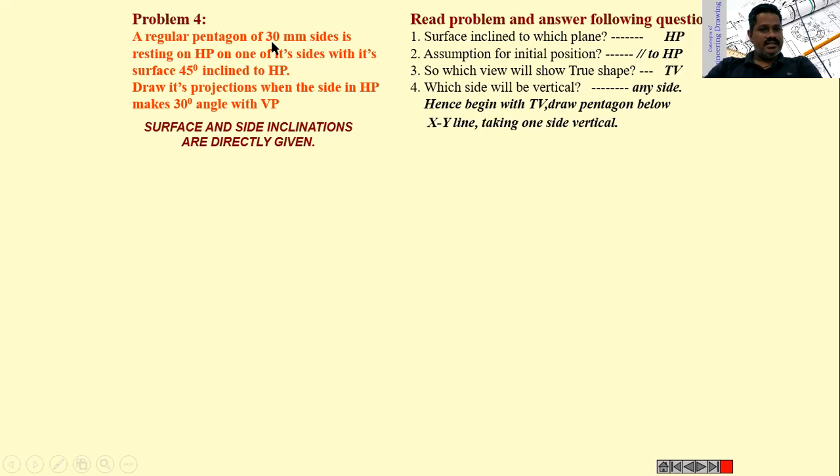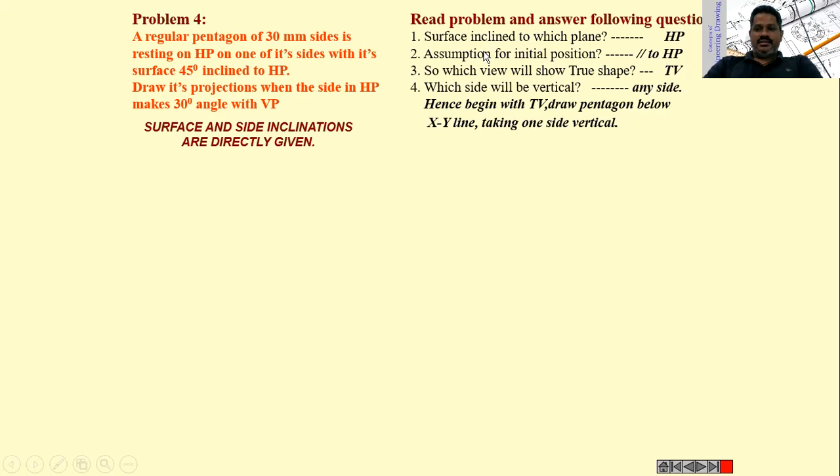The side is 30 mm. Then draw its projection when the side in HP makes an angle of 30 degrees with VP. These are the two conditions that we need to assume. The plane is 45 degrees inclined to HP and one side of the pentagon is making 30 degrees with VP. These are the two conditions we need to assume and draw the projections.